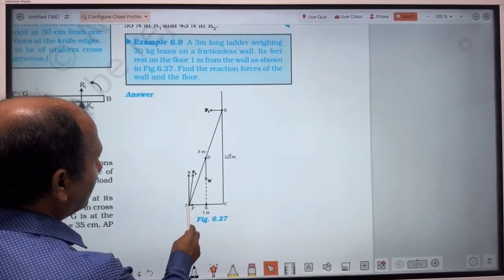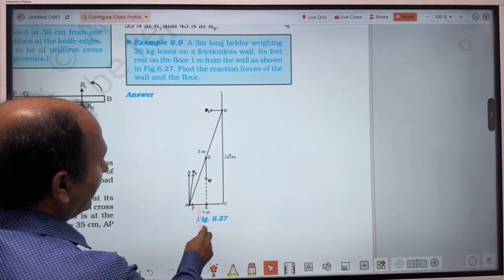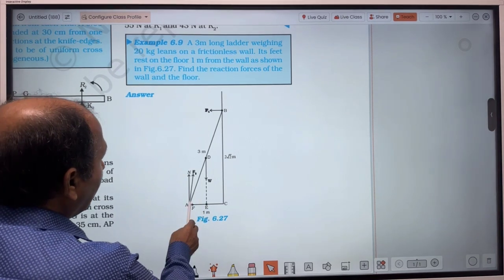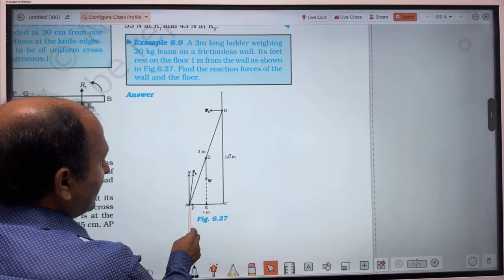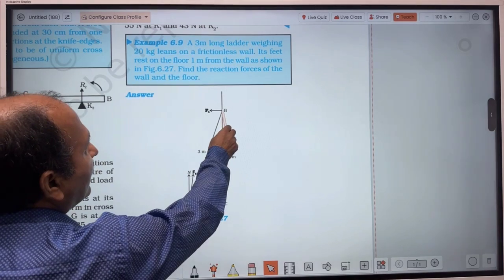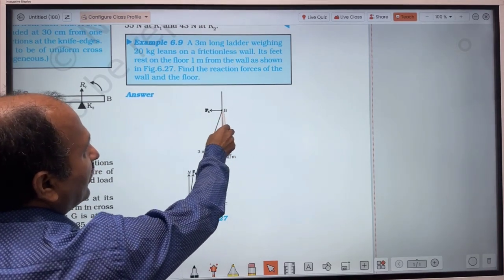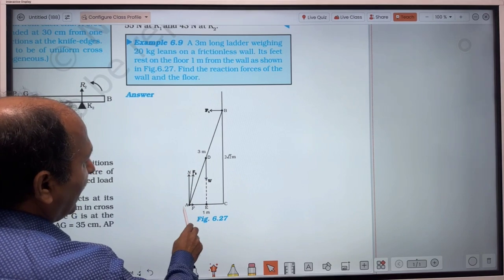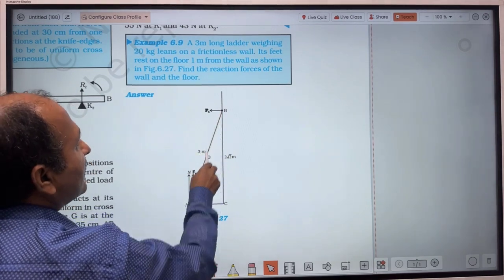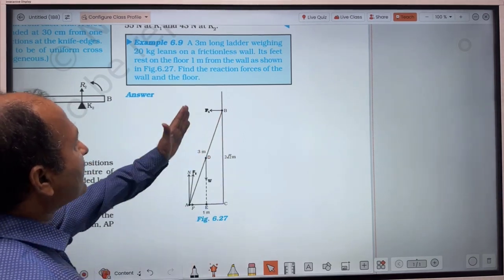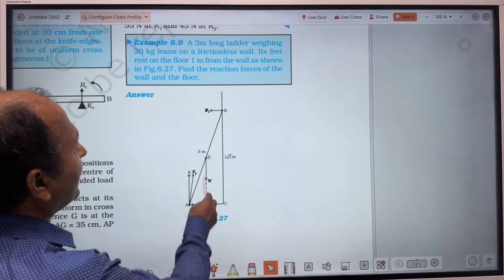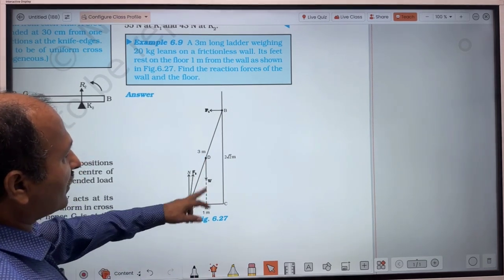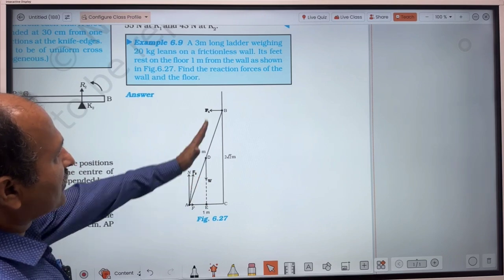At this point there will be a frictional force in this direction. Here there will be another force, and here one force which is perpendicular to the wall. This length is given as 3, this length is given as 1, and since the mass of the ladder is uniformly distributed, we can assume that its mass lies at its midpoint. So W is shown here. This is 3 meter long.